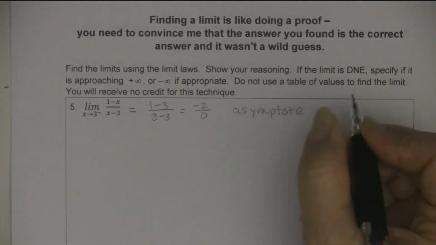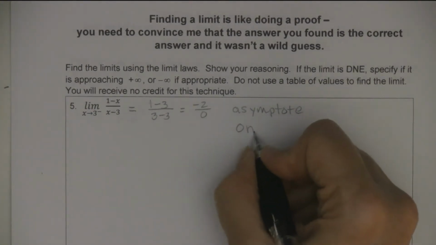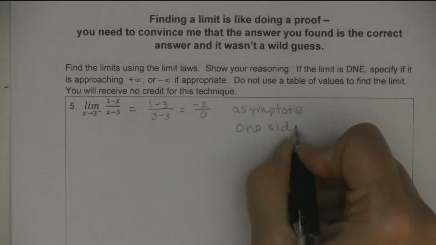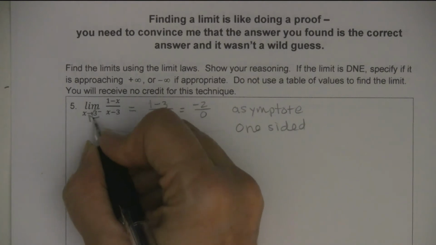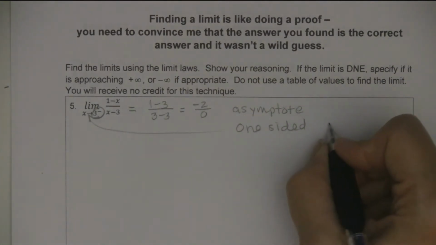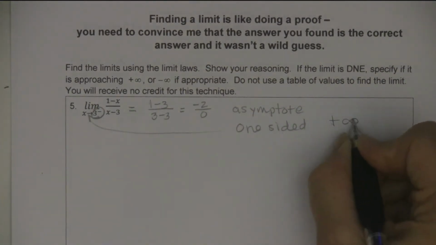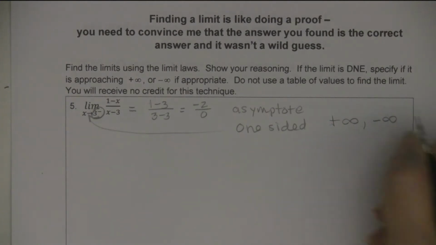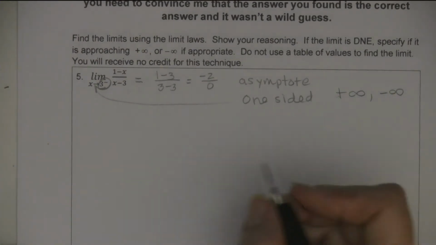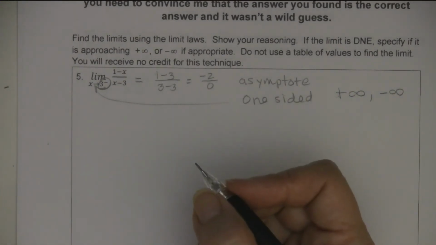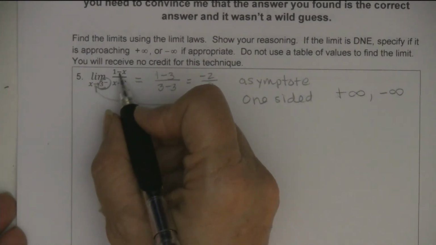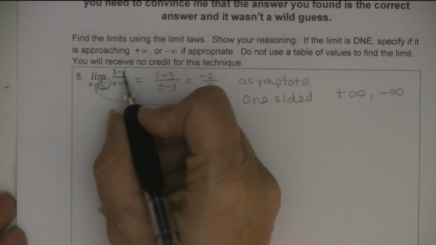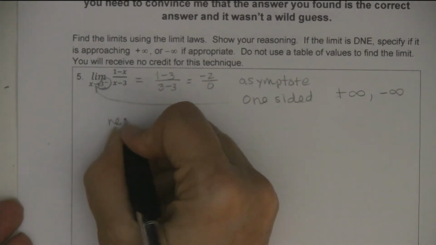So now, in fact, it's a one-sided limit, right? This is one-sided right here. So that tells me the answer is either positive infinity or negative infinity, and I only have to reason out which one it is. So in my little mind, I'm thinking, if I was slightly before 3, then the numerator, 1 take away 2.9, slightly before 3, would be negative.